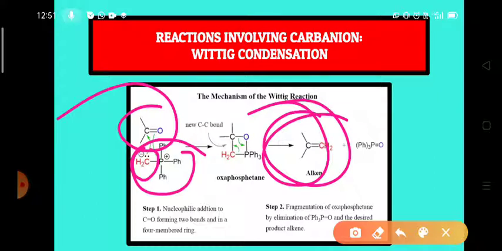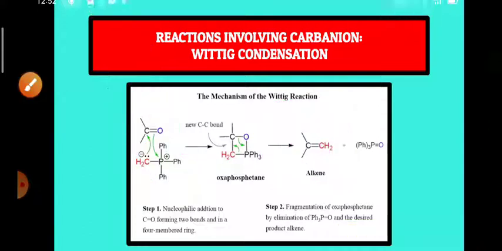This type of negative charge is known as the ylide. So in the Wittig reaction we get the ylide, and we get alkenes from the carbonyl compounds. So that is Wittig reaction. These are some examples for the reactions in which carbanions are formed.